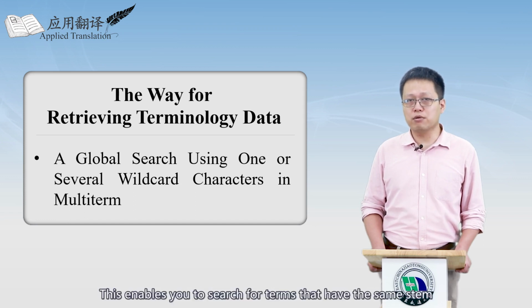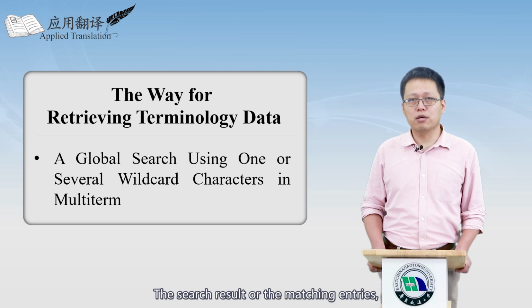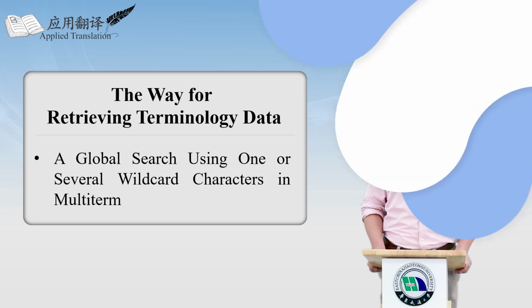This enables you to search for terms that have the same stem, for example, dialogue, or the same ending, box. The search result, or the matching entries, up to 50 at a time, are collected in a hit list.